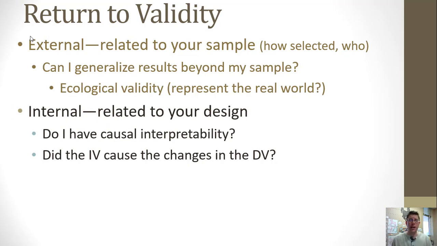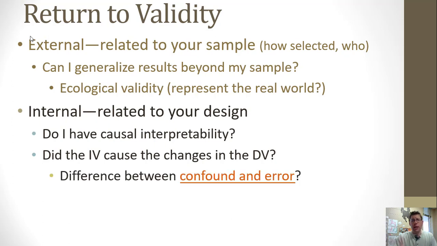On the other hand, if you've got confounds in your study, and so you can't really say it was your IV that caused the changes, it could have been one of these confounds, that lowers your internal validity. So internal validity is more about causality. Can you say that the independent variable caused the changes in the dependent variable? Now, as I mentioned before, if you have confounds, you can't really say that it was the independent variable or the confound that caused the changes in the dependent variable.